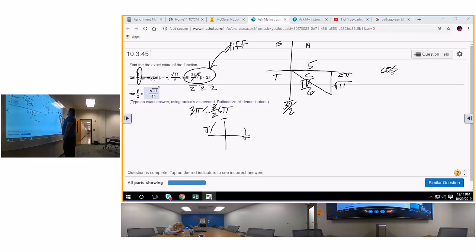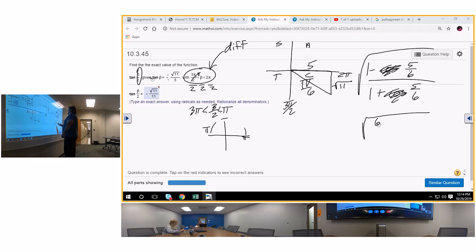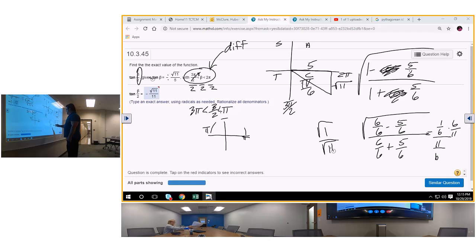So that's going to be 1 minus cosine over 1 plus cosine of 5 over 6, which is 6 over 6 minus 5 over 6 over 6 over 6 plus 5 over 6, which is going to be 1 over 6 over 11 over 6, multiplied by 6 over 11, which would be the square root of 1 over the square root of 11 multiplied by the square root of 11 over square root of 11, which is equal to the square root of 11 over 11.